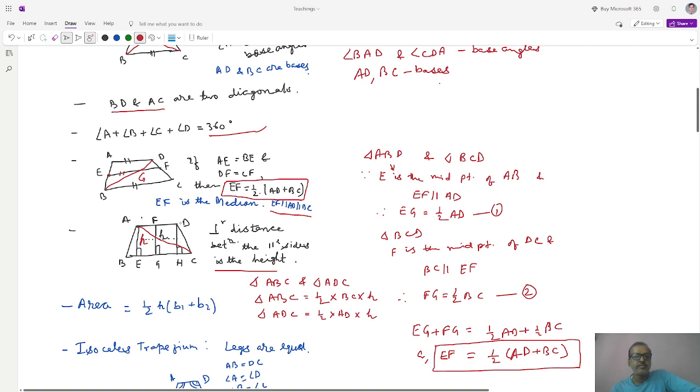For triangle ADC, the H will be the same as the height of the trapezium.